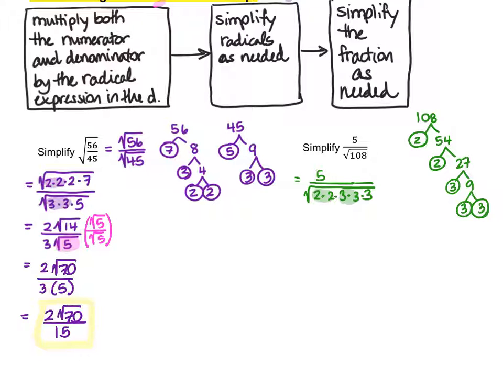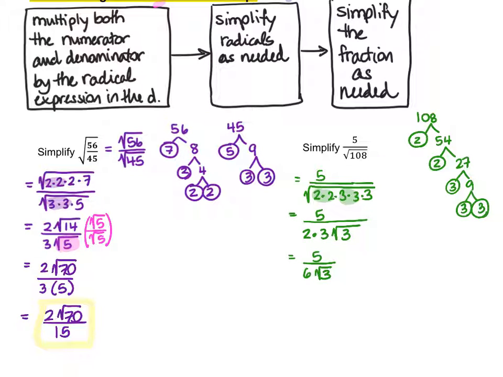So we're going to have 5 still in the numerator. We're going to have a 2 come out, a 3 come out, and then what's going to stay left over underneath the radical is just the lonely little 3. Okay, that gives us 5 divided by 6 times the square root of 3.